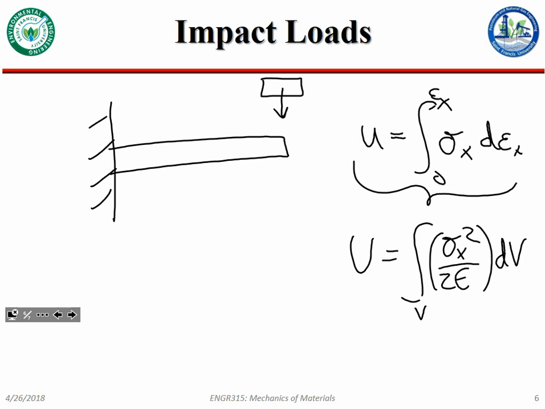So what we can do is start substituting in for different things here. Maybe we can substitute in for stress with some of its constituent values, and maybe if we can divide volume up into something more manageable, we can make this integral something we can actually integrate.